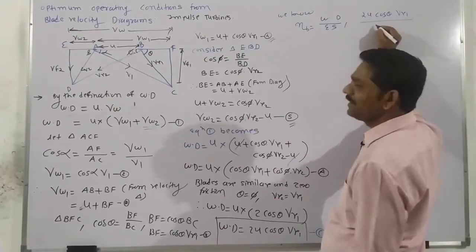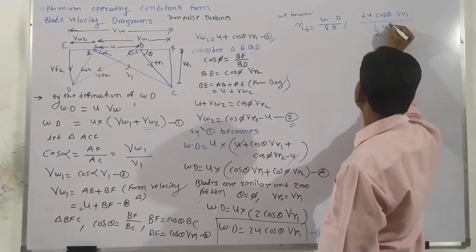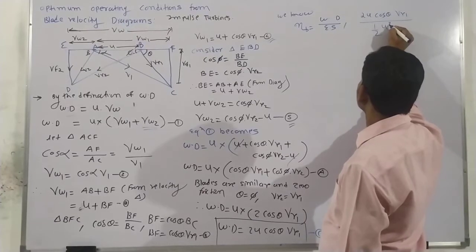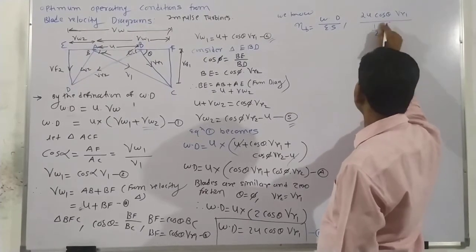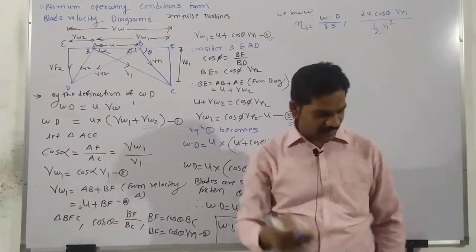How much energy supplied? Kinetic energy, 1 by 2 V1 square. This is the inlet kinetic energy.